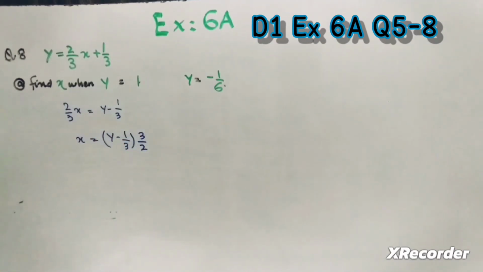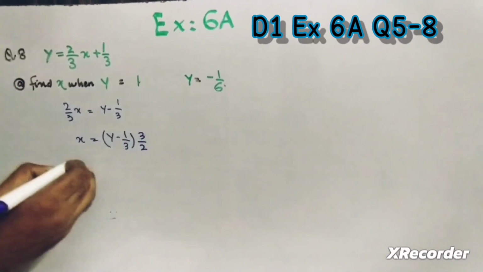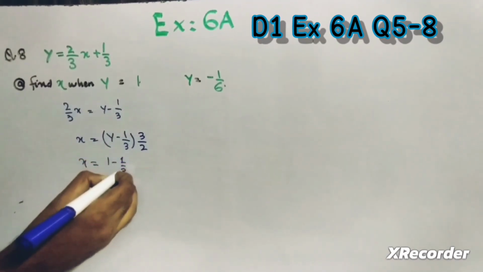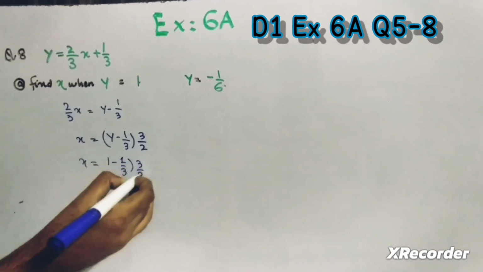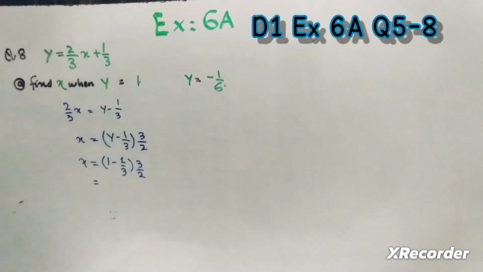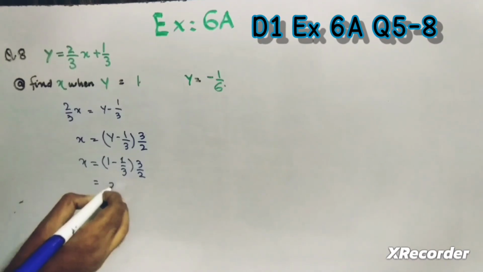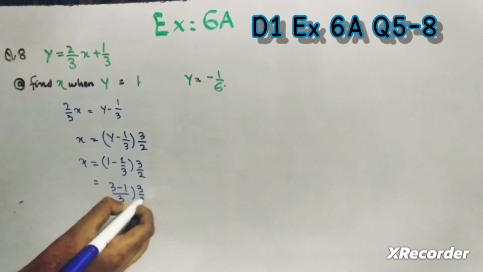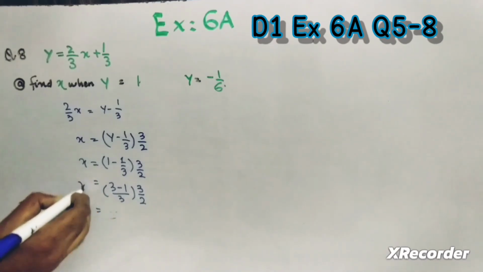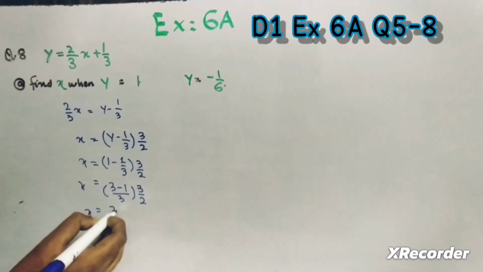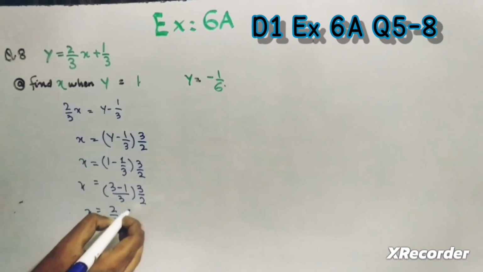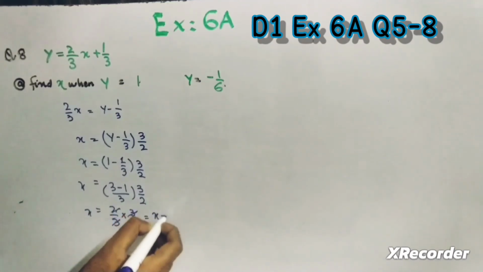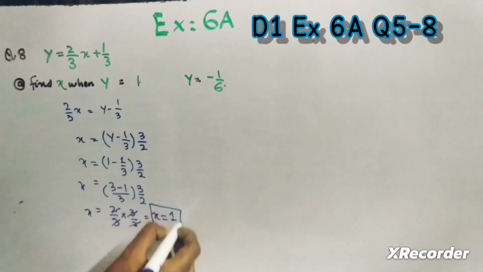By putting the given value y equal to 1, we get 1 minus 1 upon 3 over 2 upon 3. So we can take the LCM, 3 minus 1 upon 3, over 2 upon 3. So 3 upon 2 multiplied with 2 upon 3. We can cut these out, so our x will become 1. That is our required answer.